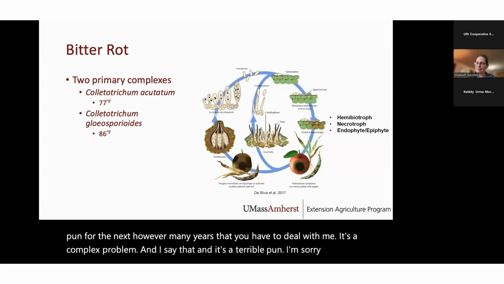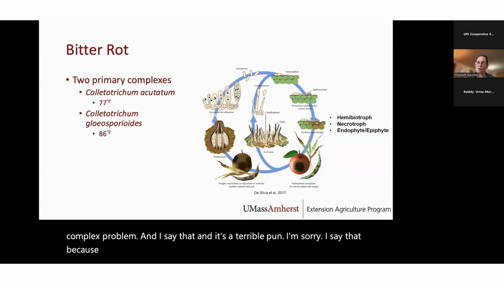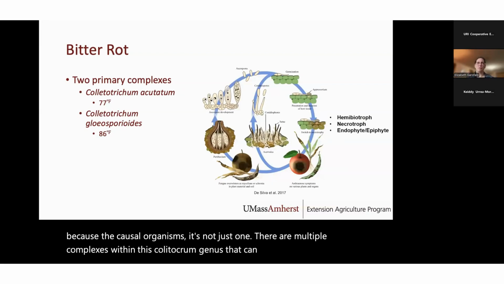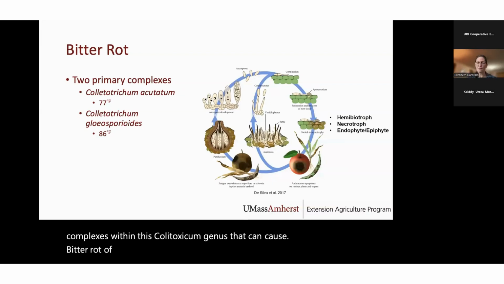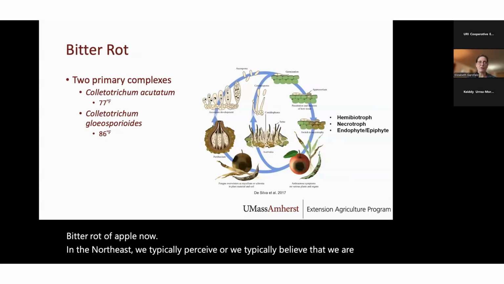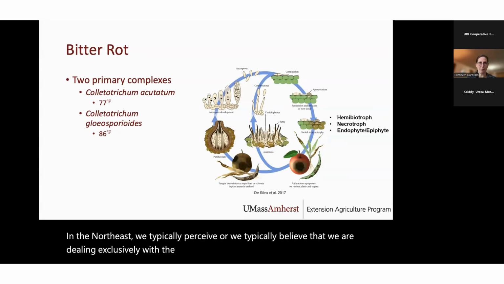I say that because the causal organism is not just one. There are multiple complexes within this Colletotrichum genus that can cause bitter rot of apple. Now, in the Northeast, we typically believe that we are dealing exclusively with the Colletotrichum acutatum complex.